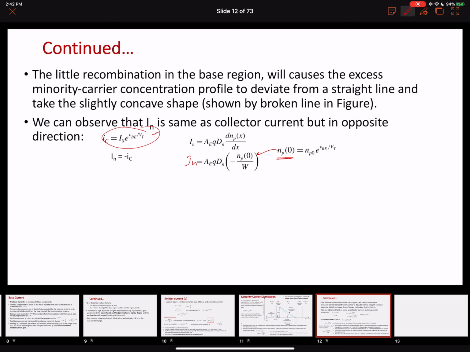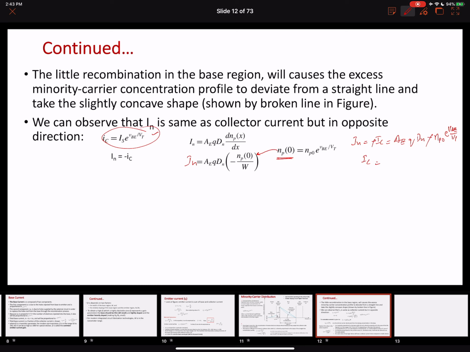If I do that, IN, which equals minus IC, will equal AE Q DN times minus NP0 e^(VBE over VT), so the negative cancels with the negative. Let's call this IC now.